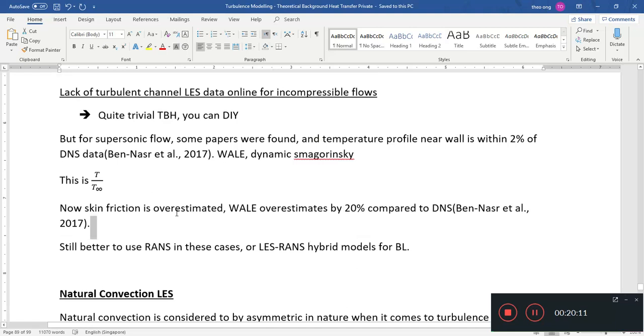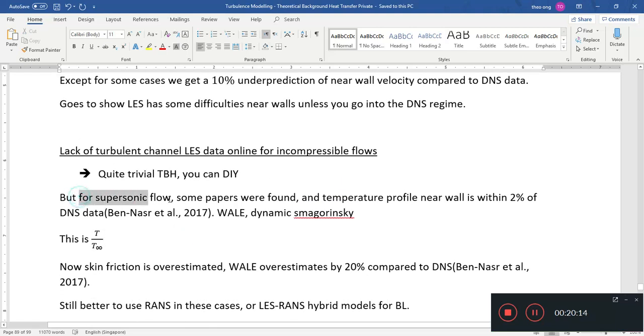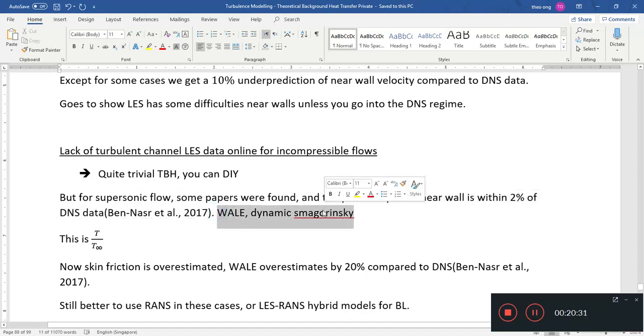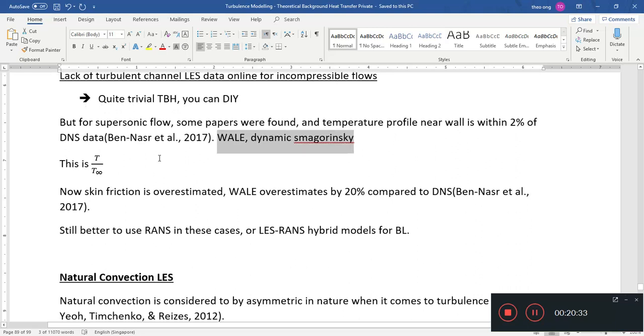Again, there was some success with Yoshizawa and dynamic Smagorinsky for supersonic flow near the wall, and the temperature profile near the wall is within 2% of DNS data. So that's very good for the dynamic Smagorinsky. But in this paper, it shows that the WALE model, the wall-adapting local eddy-viscosity model, overestimates by 20% compared to DNS.